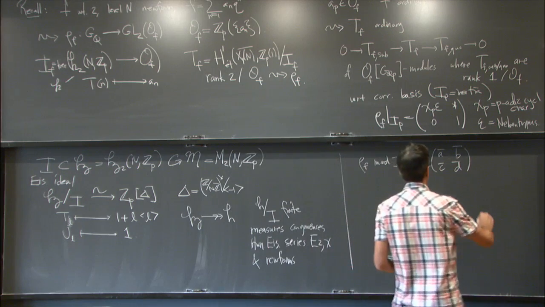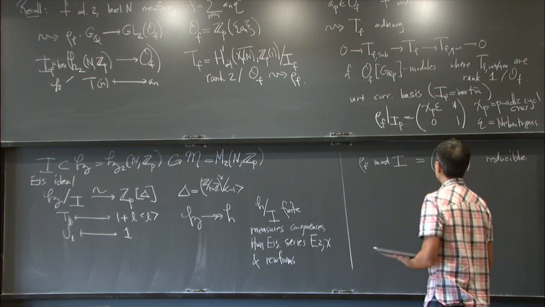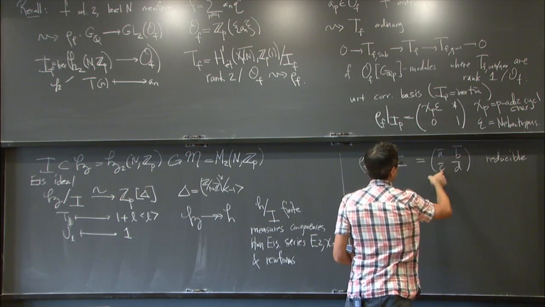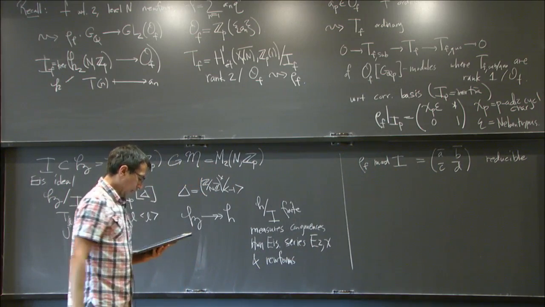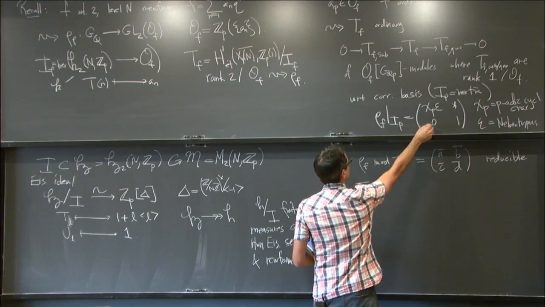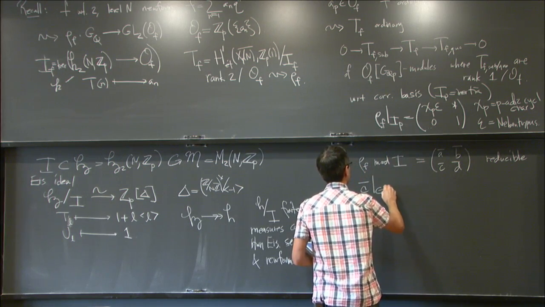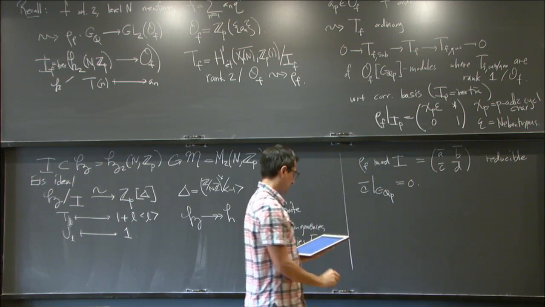And this is now some reducible representation. In fact, B bar of sigma times C bar of tau turns out to be 0. And we know by this that C bar restricted to G_{Q_p} is identically 0.